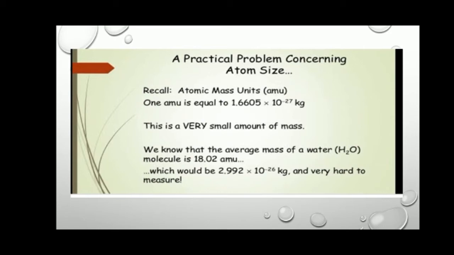We know that the average mass of a water molecule is 18 AMU, which would be 2.99 multiply 10 to the power minus 26 kg, and very hard to measure, since the value is very, very small, beyond your or my imagination.